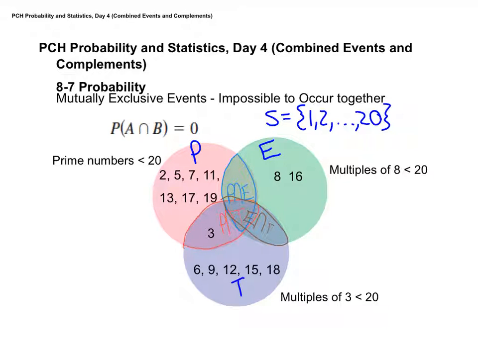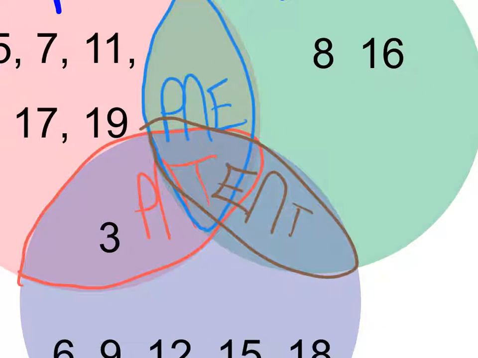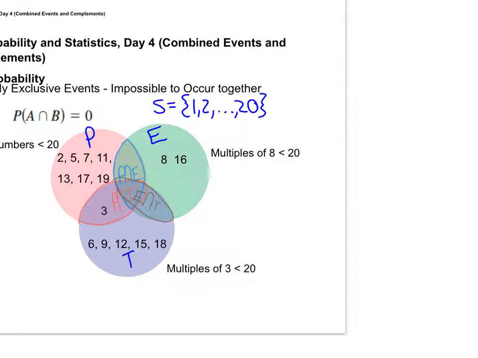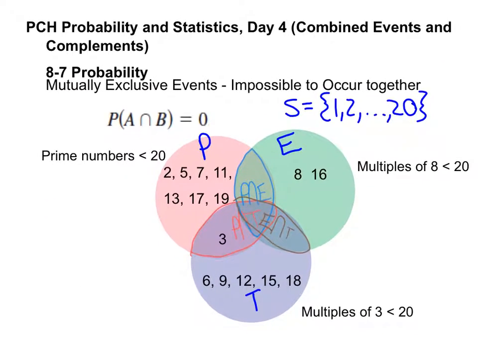Notice the notation here. It's this upside down U. That's the notation for intersection. But does the order matter? The order doesn't matter. If you say E intersect T or T intersect E, it's talking about the same thing. That's a great question.